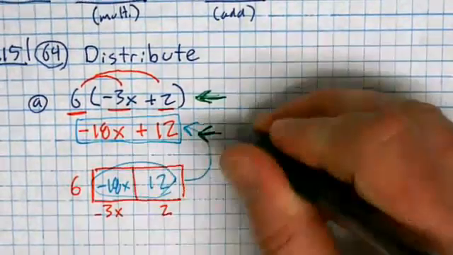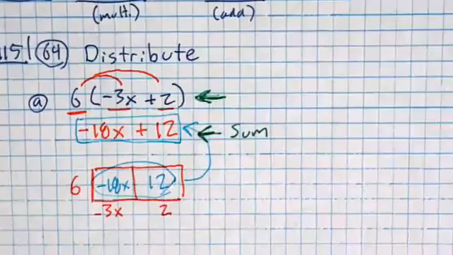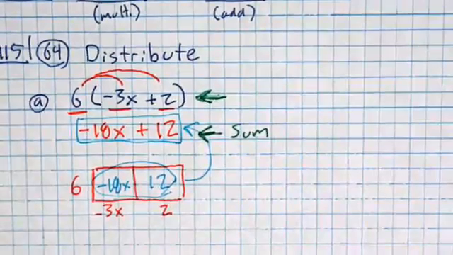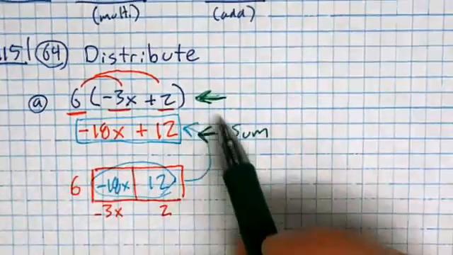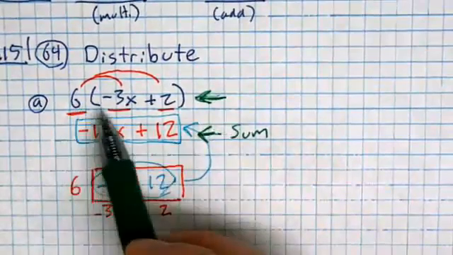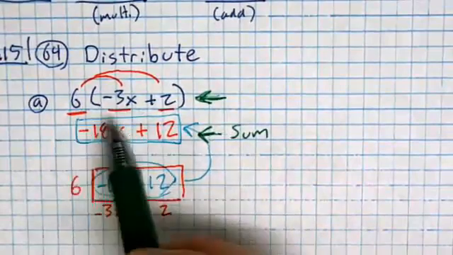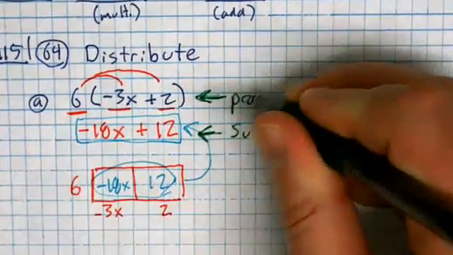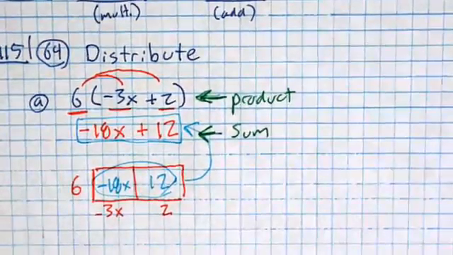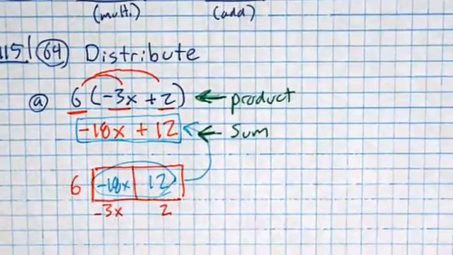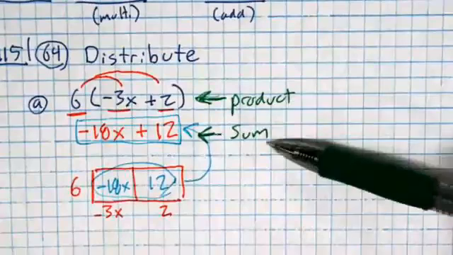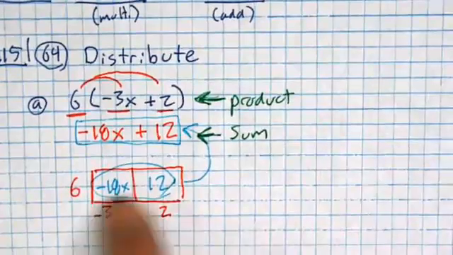You're absolutely right. The second one is the sum. We're adding a bunch of stuff together. And this one is the product. Do you see why it's the product? Because we're multiplying some things together. This is the product. So our whole learning target for today is to be able to take a product and turn it into a sum. We're going to do this using the box.